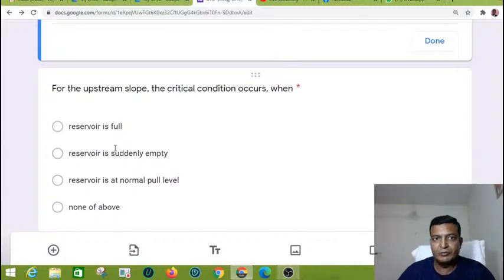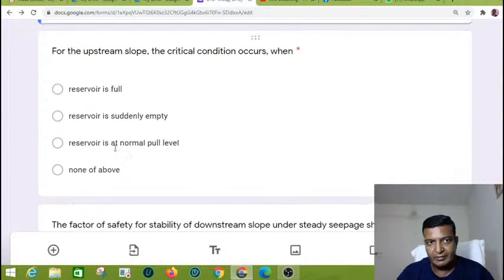For the upstream slope, the critical condition occurs when suddenly empty, reservoir is full, reservoir at normal pool level.